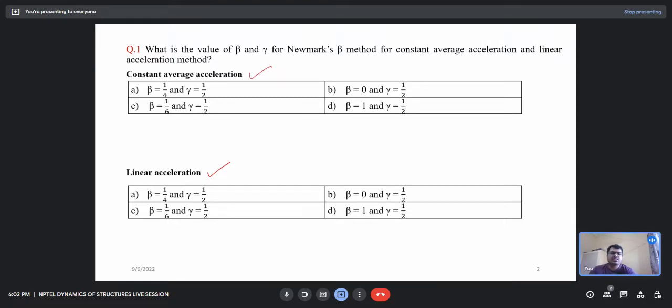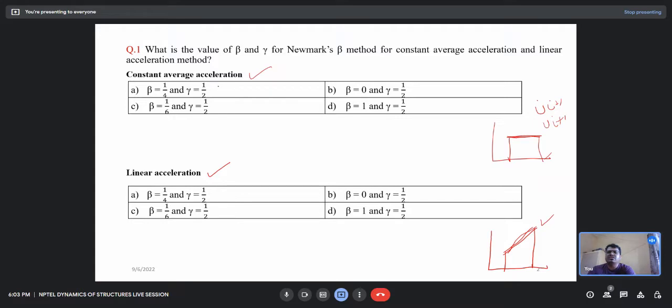Constant average acceleration means that for calculating the response, we are considering the acceleration to be constant at its average, and linear acceleration means we are considering the acceleration to vary linearly. So we will get these 2 points, and considering the constant average and the linear variation, we will calculate u dot i+1 and u i+1 in both methods.